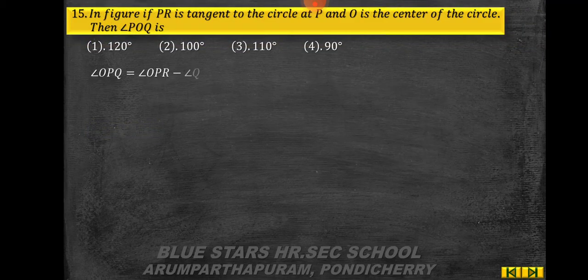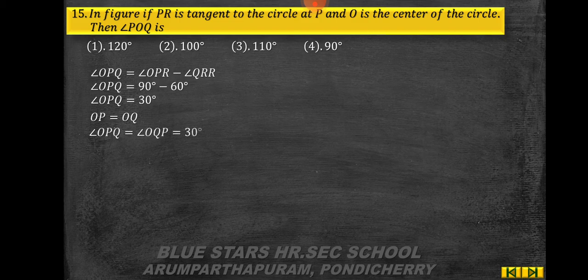So angle OPQ is equal to angle OPR minus angle QPR. Angle OPQ is equal to 90 degree minus 60 degree. Angle OPQ is equal to 30 degree. So OP is equal to OQ, that is the radius of the circle, and angle OPQ is equal to angle OQP is equal to 30 degree.